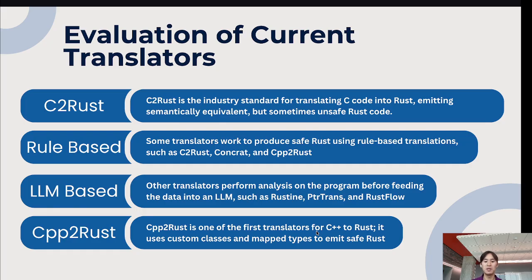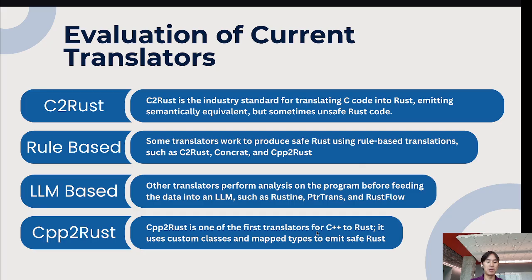And you might be wondering why it bypasses the compile time checks. These compile time checks, while useful, enforce certain rules and checks that C code doesn't typically follow. And then rule-based translations. C2Rust is an example of a rule-based translator. In general, rule-based translators pretty much just map C code or C++ code into Rust, and by using this map, they generate new code in Rust.